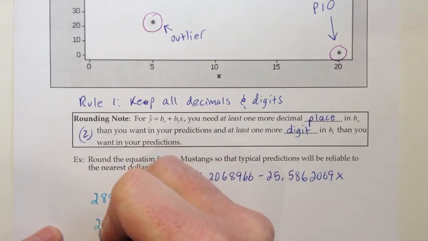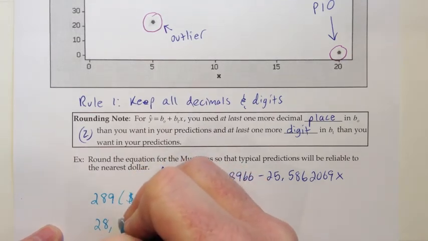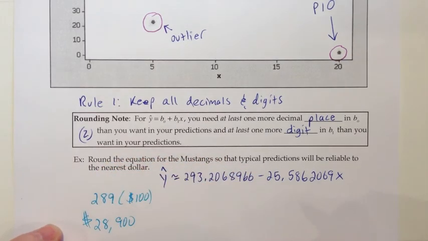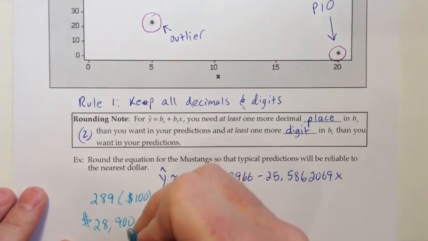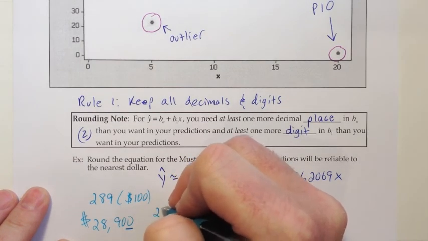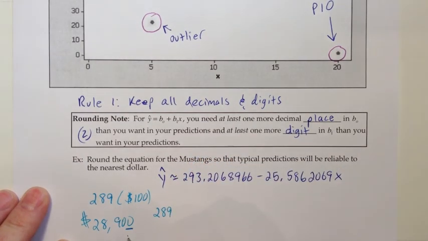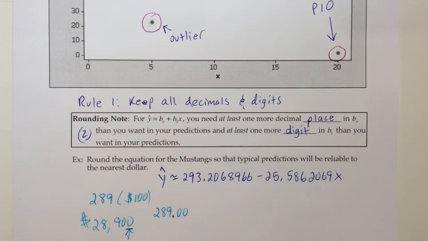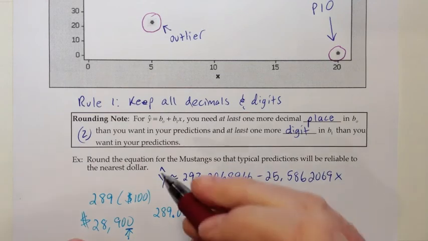So that was $28,900, the cost of that particular Mustang. And I wrote that out to the nearest dollar, which would be right here. And then I want to think about where was that in the original number. When I had 289, where was that spot right there? And I would have to say that was 2 spots past the decimal place, right here.